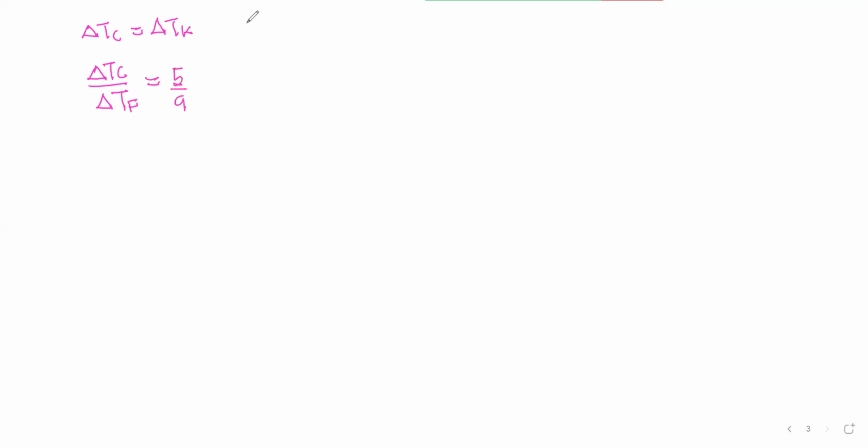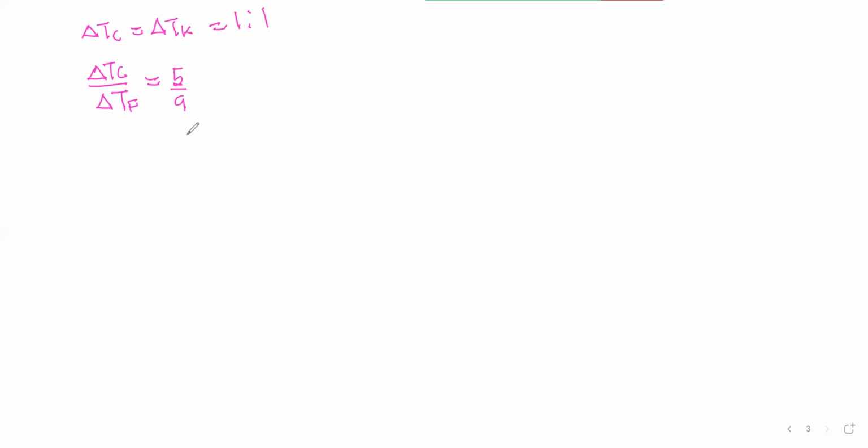Here we had 5:9. Joshua, Saki, are you okay? Yes, sir. So for Celsius Kelvin, it is 1:1. For Celsius Fahrenheit, it is 5:9. So that is what you must use in determining the change in temperature.